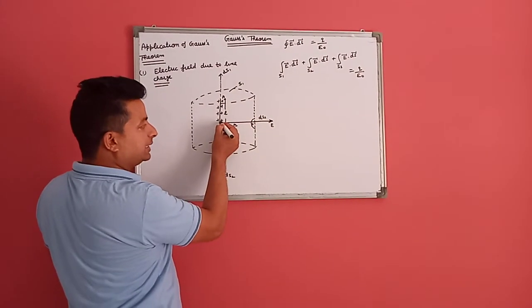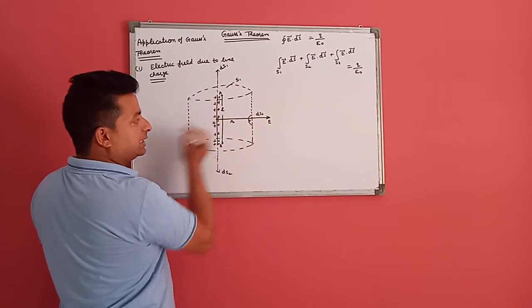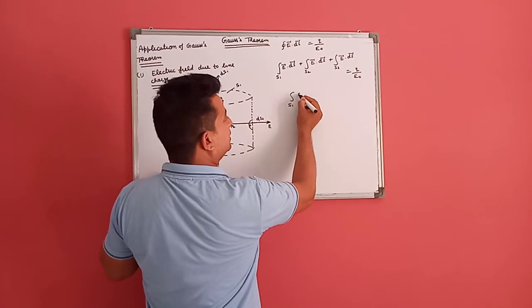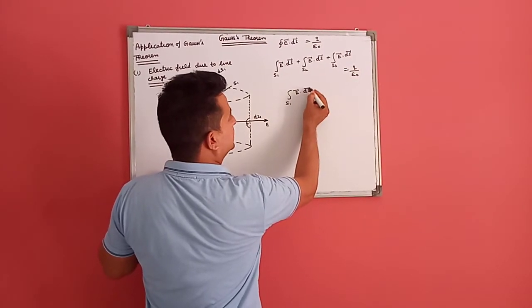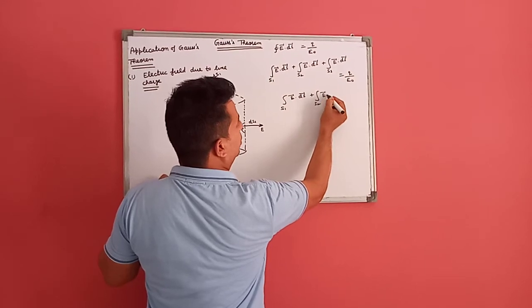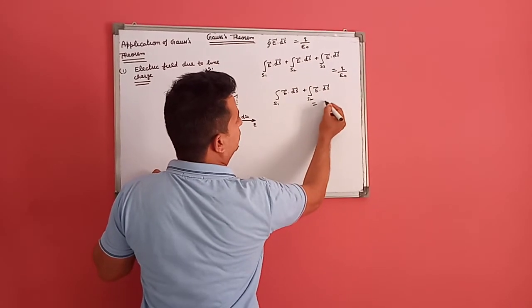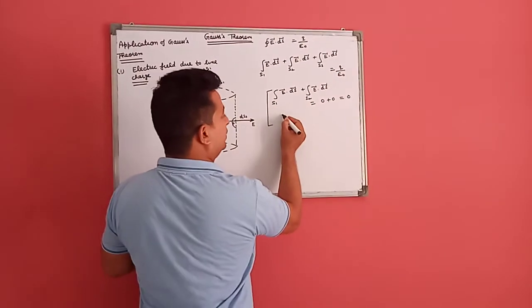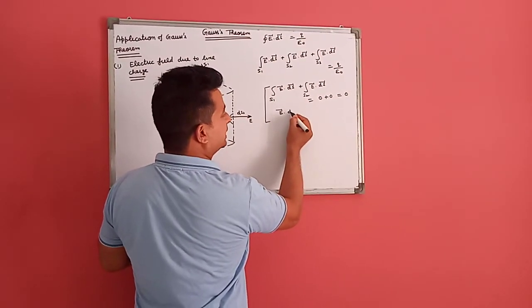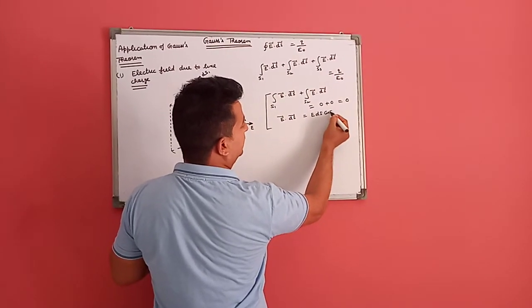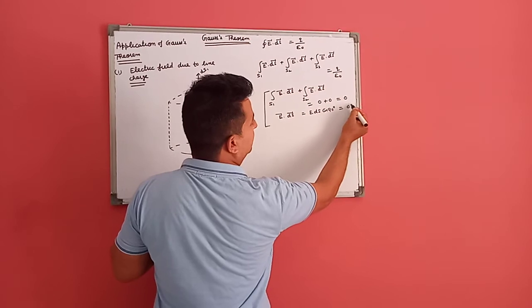As we know, this angle is a right angle, this angle is also a right angle. This means the integrals of E dot ds over S1 plus S2 equal 0 plus 0 equal to 0, because the angle between E and ds is 90 degree. So cos 90 is always 0.